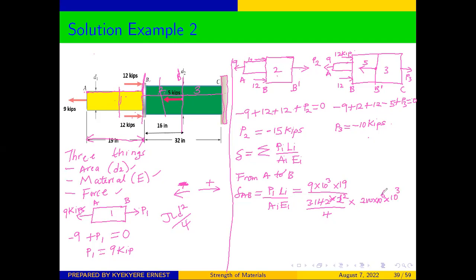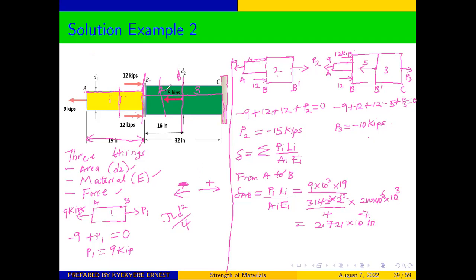And from indices, if you have times 10 to the power 6 times 10 to the power 3, you add the powers. So the whole of this will give us times 10 to the power 9. And when you do the math, you find out that the deformation of that section is going to be 2.721 times 10 to the power -7 inches. That is the deformation in the first section.